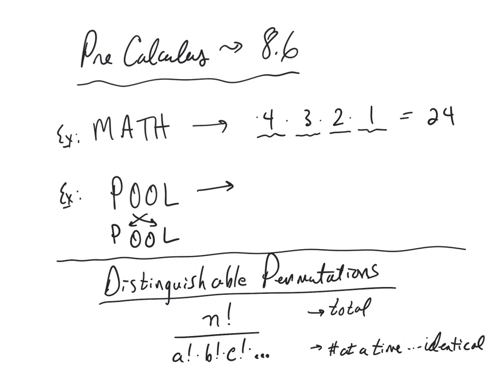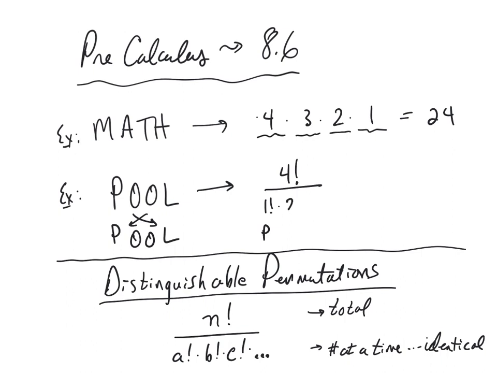Distinguishable means, hey, I can tell the difference between that one and that one. And what we do is we take n factorial, where n represents the total number of objects. So in our pool problem, there's four letters altogether, so we take 4 factorial. And then what we do is we divide by any number of things that are identical at a time. So there's only one P, so I guess if we wanted to, we could divide by 1 factorial for the P's, but of course 1 factorial is just 1, doesn't do anything.